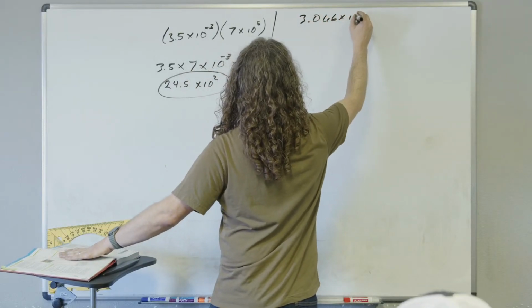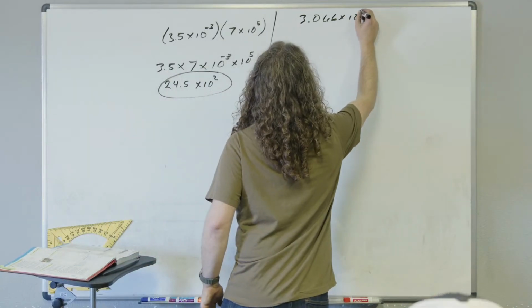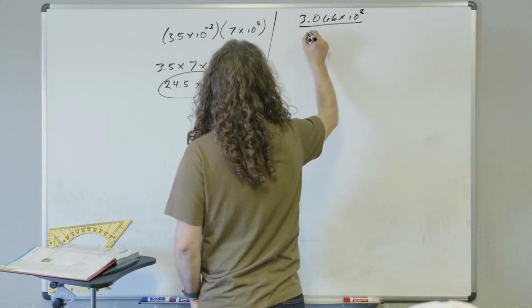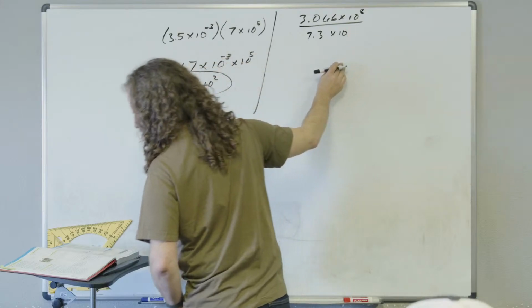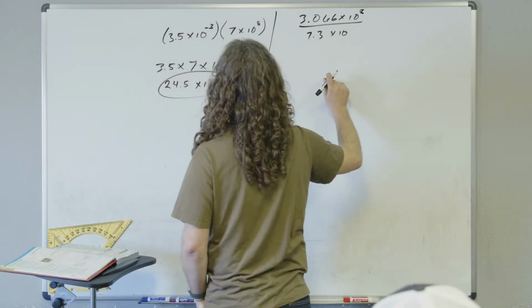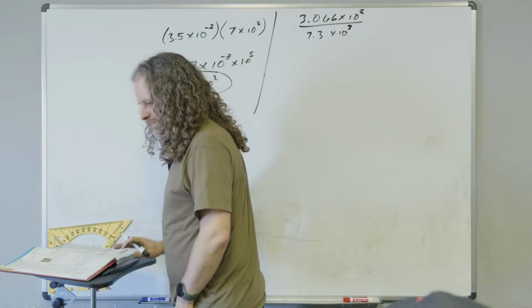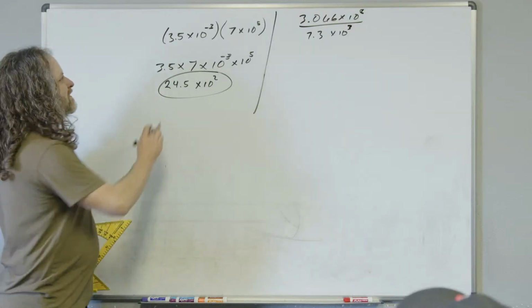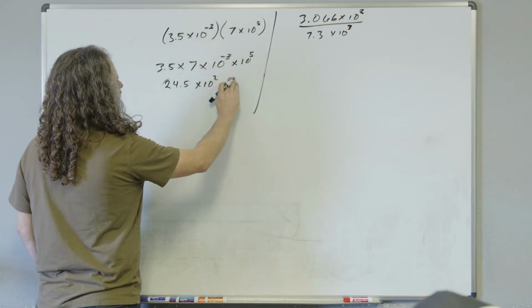3.066 times 10 to the 8 over 7.3 times 10 to the third. Oh, you know, this answer is wrong. What's wrong with it? It's not always.